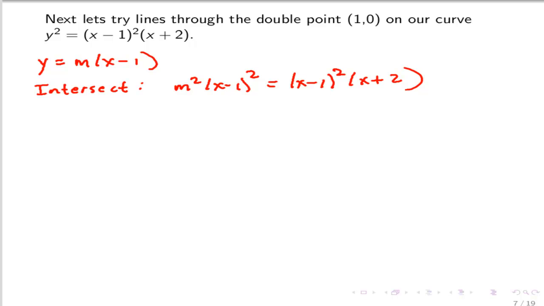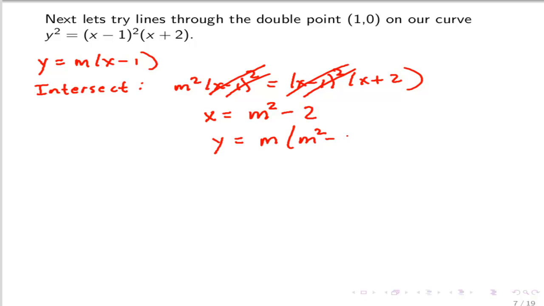In this case, we get full cancellation here, and we can solve for x. We get that x equals m squared minus 2. And then y would equal m times x minus 1, which would be m squared minus 3.